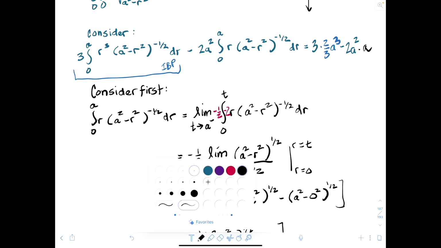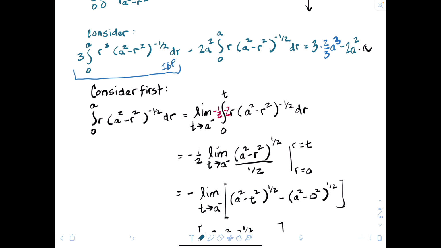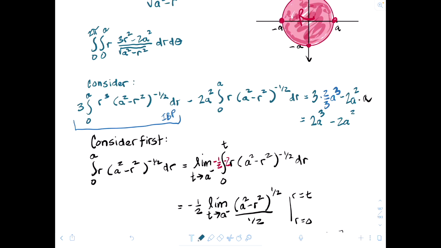So this will end up equaling 2a cubed minus 2a cubed, which is 0.